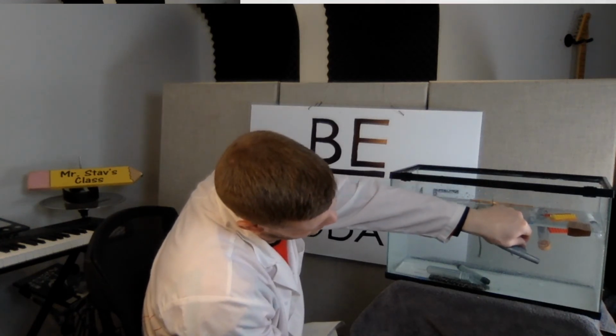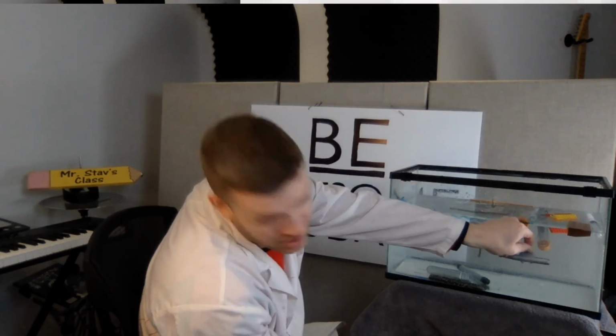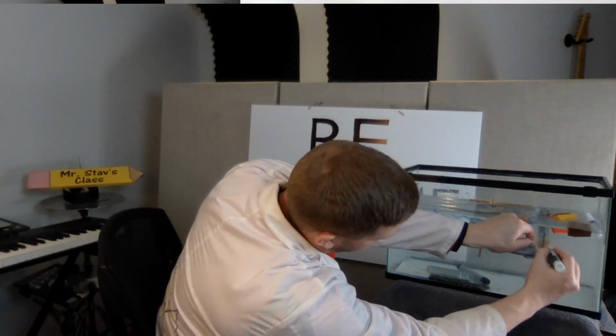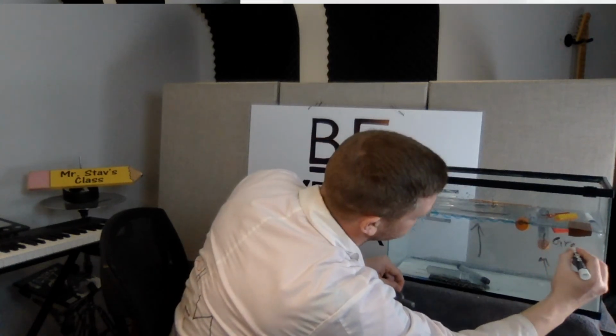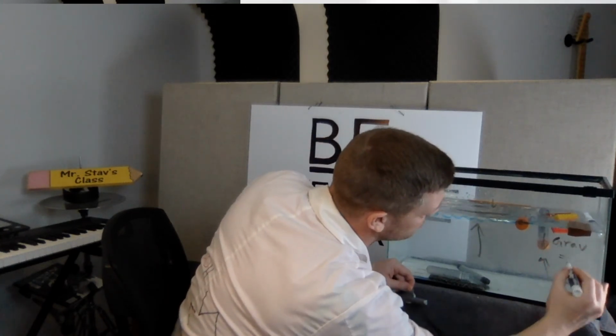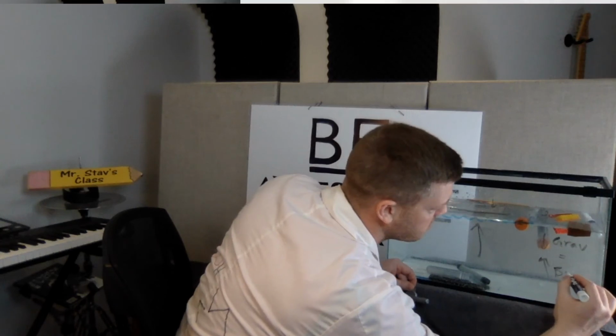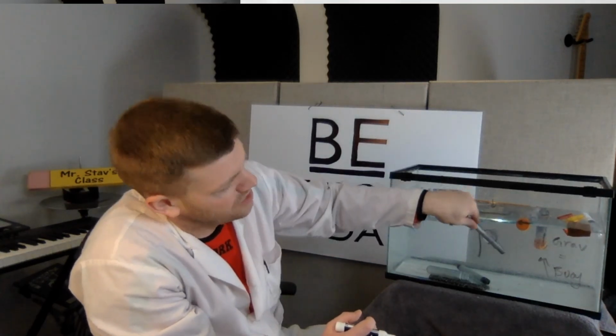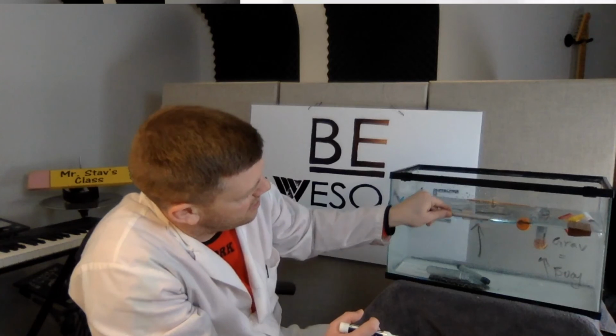And then when they're ready to travel at mid-depth, they become neutrally buoyant, so that the force of gravity is equal to the force of buoyancy. Okay? So neutrally buoyant is when they're equal and they're able to stay in the middle of the water. Negative is when they're sinking, and positive is when they're at the top of the water.